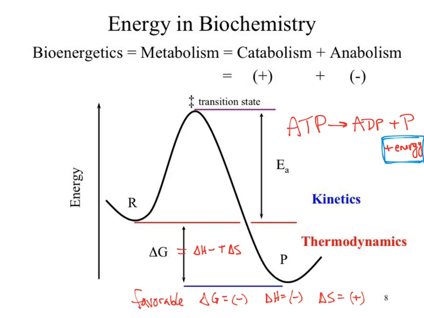Okay? ATP was our power source for all life, so we need ATP. How can we make ATP? If we try to reverse this reaction, ADP plus our phosphate, plus our energy, goes to ATP, that reaction is now non-spontaneous.